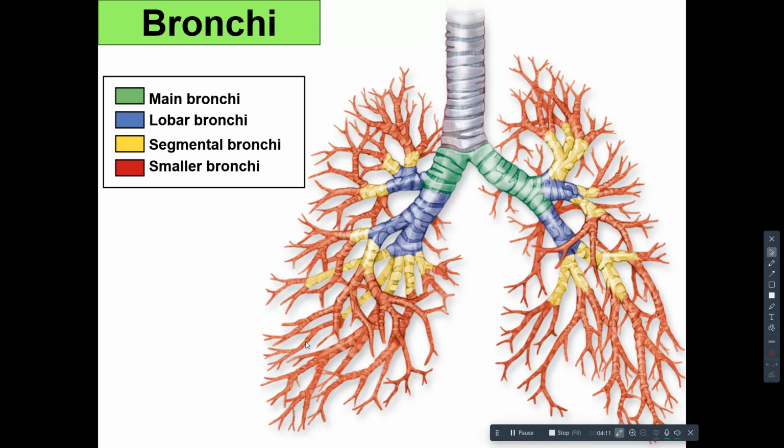And we can see that splitting in this color-coded bronchial tree here, with the main bronchus on the right and on the left, splitting to give me the 3 lobar bronchi on the right, 2 lobar bronchi on the left, multiple segmental bronchi on both sides, then many, many more smaller bronchi branching away. And all the branching, of course, has the purpose of increasing surface area. More surface area is better for exchange.